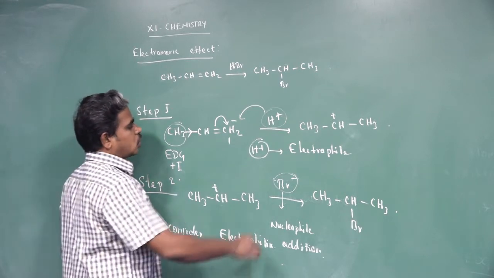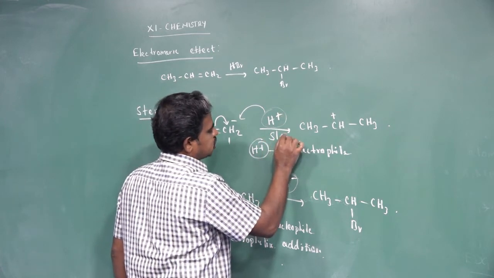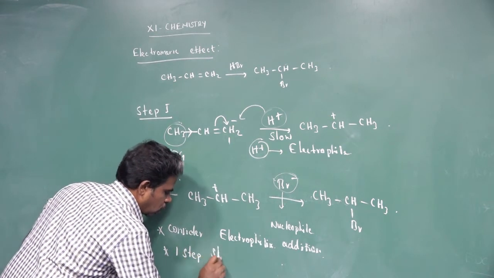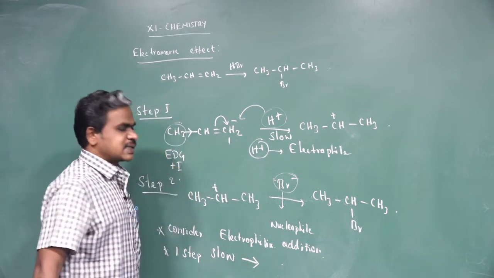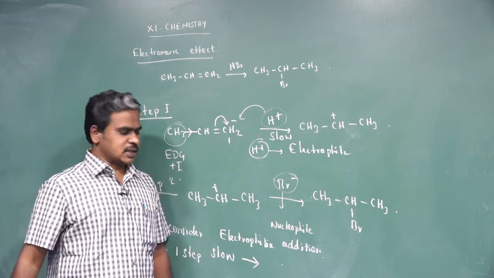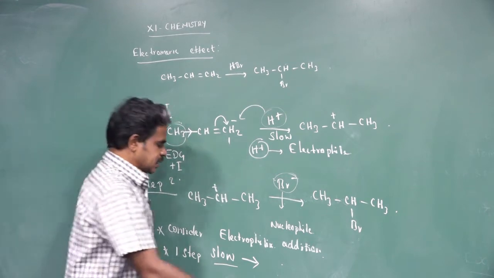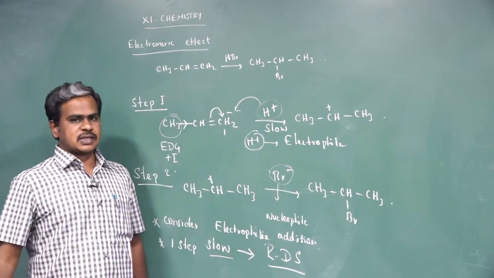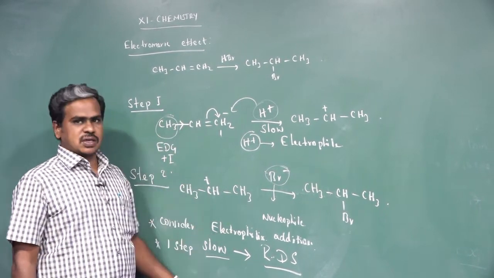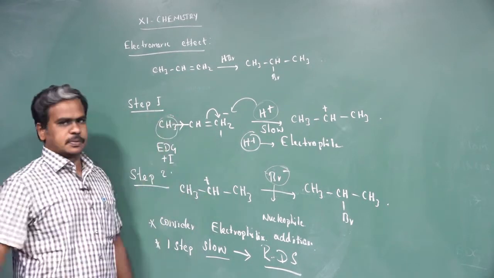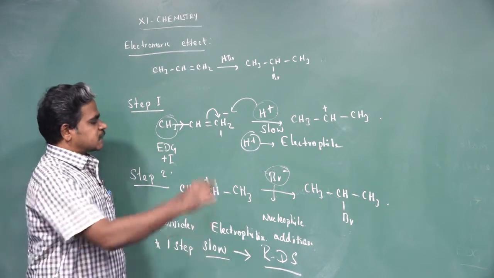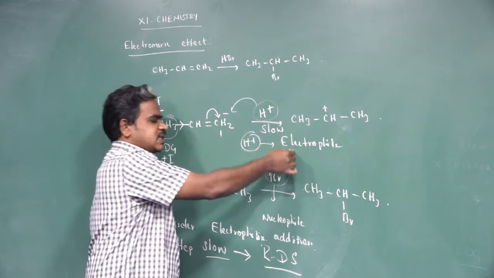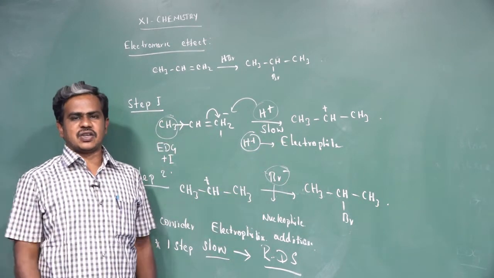Also, the first step is a slow step, and in a reaction mechanism, the slow step is considered the rate determining step. So, the speed of the reaction depends only on the first step, not the second step. So, the first step is considered electrophilic addition.